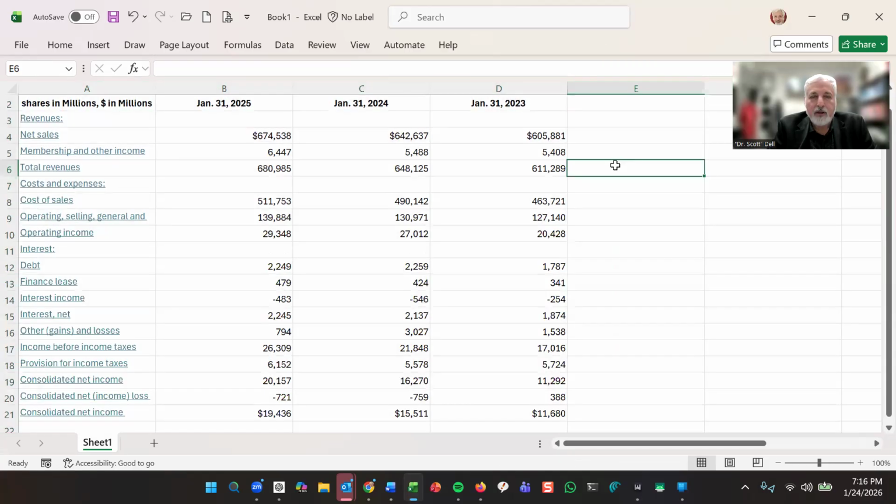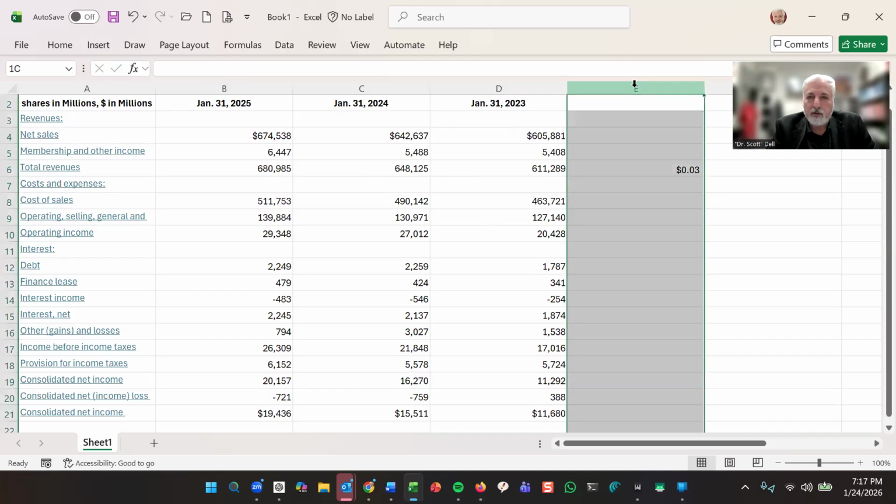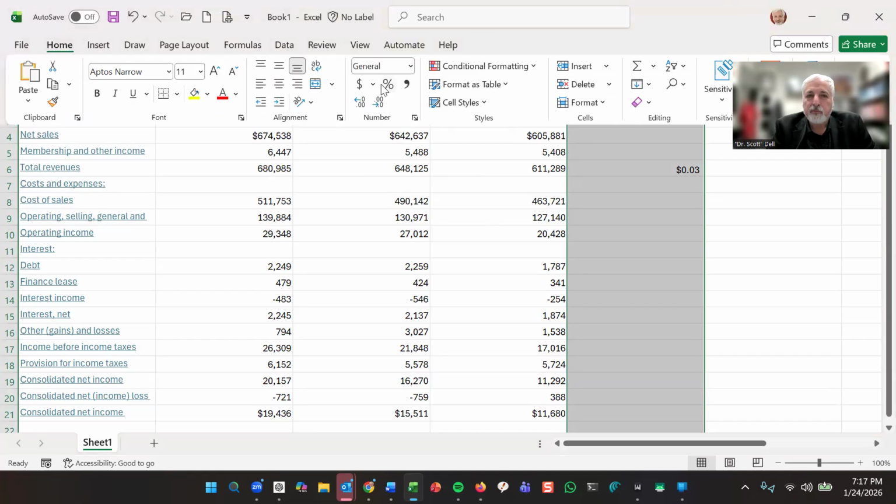So I'm going to calculate my net income divided by my total sales, equals the $19 billion number divided by the $680 billion number, and hit enter. And this is a dollar amount. I don't really want a dollar amount, let's make it a percentage, with 2 decimal places.